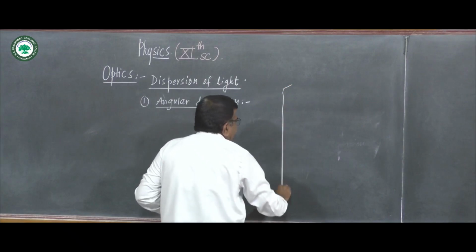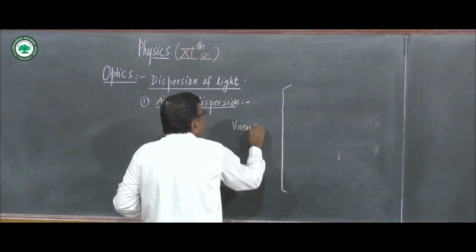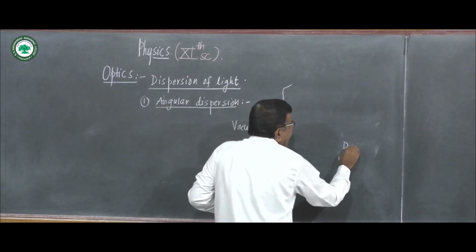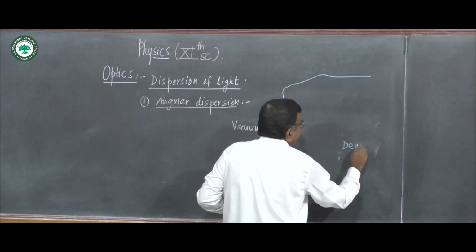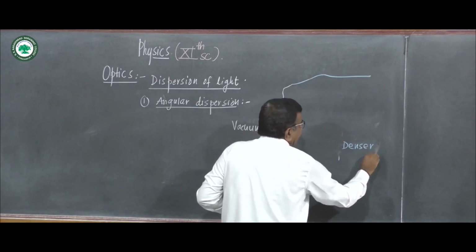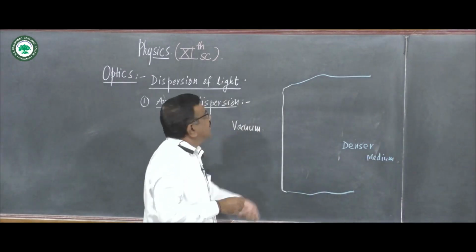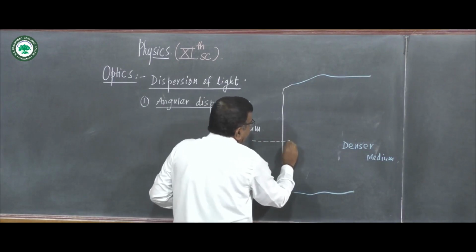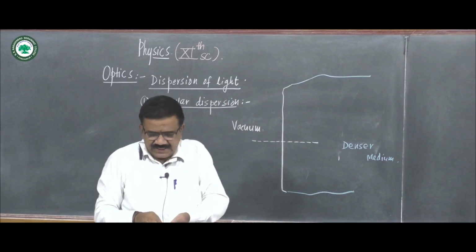Suppose this medium is vacuum or air, and this part is a transparent denser medium, and this is the normal. We see the angular dispersion here.